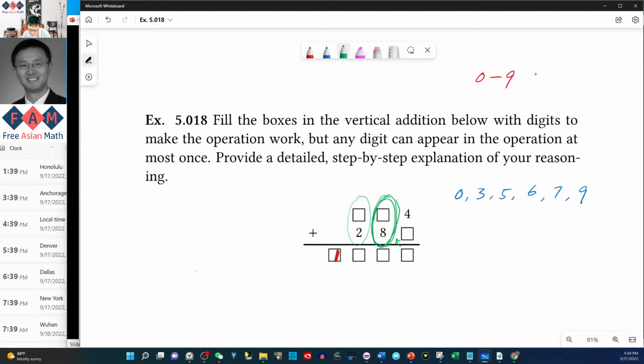And this would be 9 because we don't know whether there's a carrying from the 10th place to the 100th place. But assuming there is 1, then the smallest digit you can put into this box would be 7. Because if it's 6, you will never generate the carrying 1 to the 1000th place.